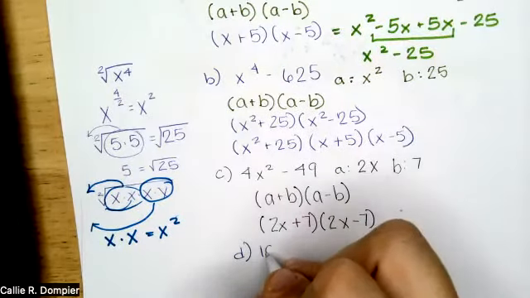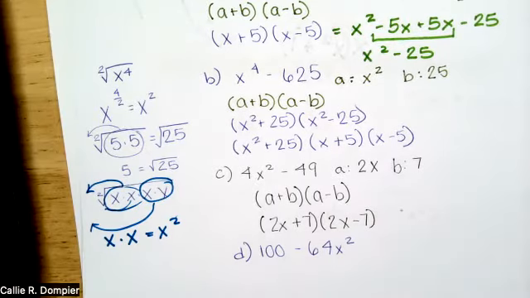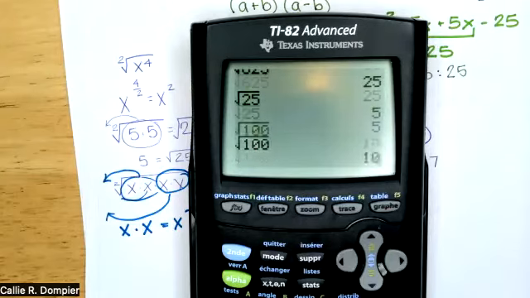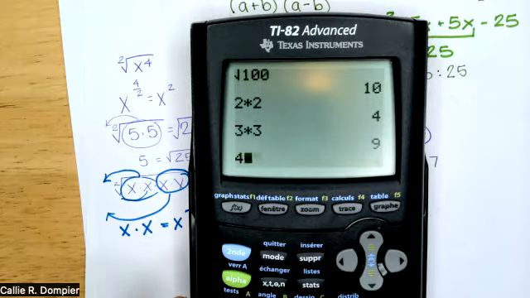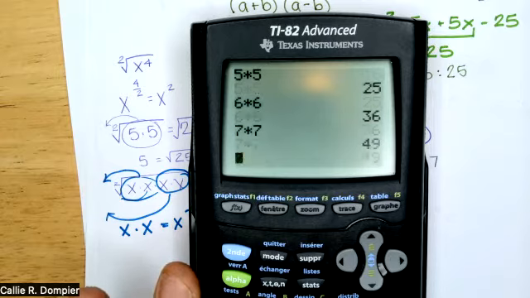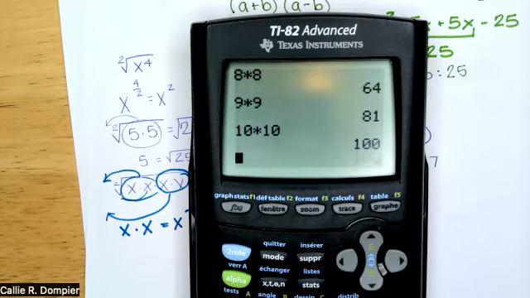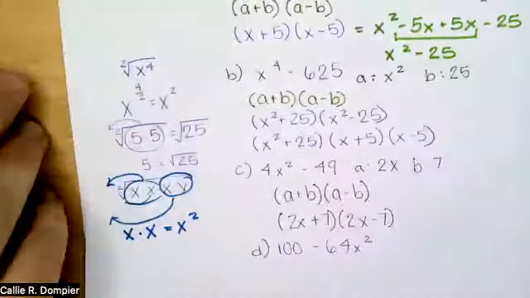Letter D is 100 minus 64x squared. So again, you can use this button, or you can even say, what's 2 times 2? It's 4. What's 3 times 3? And just keep going up until you find that you've gone past the number you're looking for, or you found it. So the square root of 100 is 10.